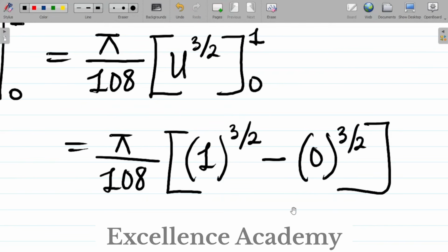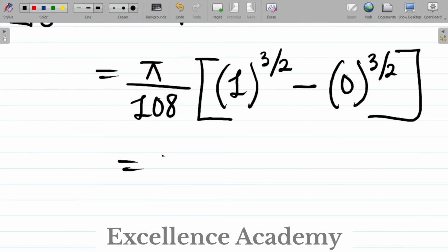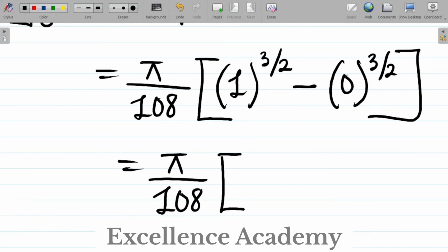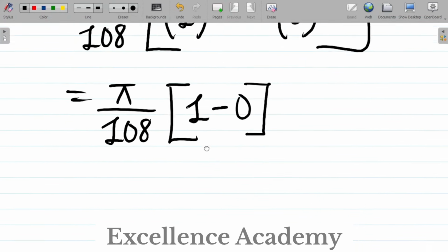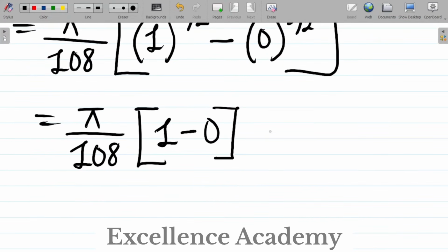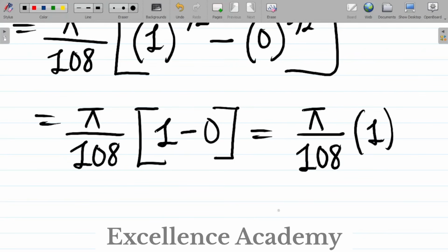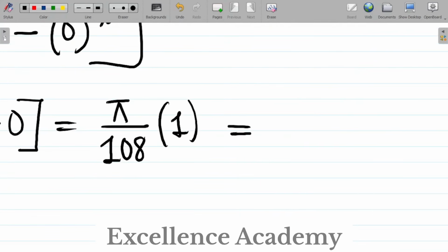Of course, 1 raised to any power is 1, and 0 to any power is 0, so far as it's not 0 to the power 0. All right, so from here, this is equal to pi all over 108 into 1 minus 0, which is 1. The value here is pi all over 108. This becomes the answer here.